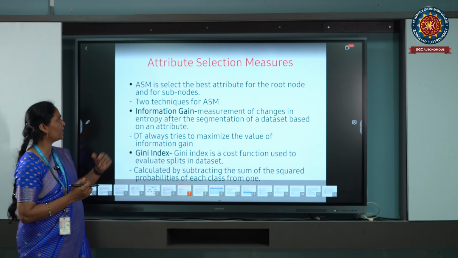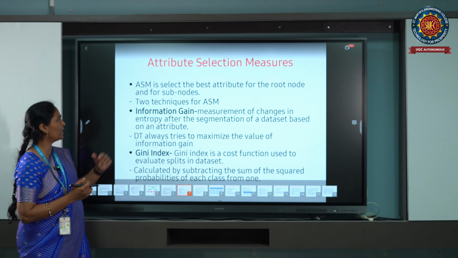Information gain is nothing but the measure of the changes in entropy after the segmentation of the dataset based on the attribute. Whatever data we have collected, the changes will occur from that. We will see that clearly in our example problem.